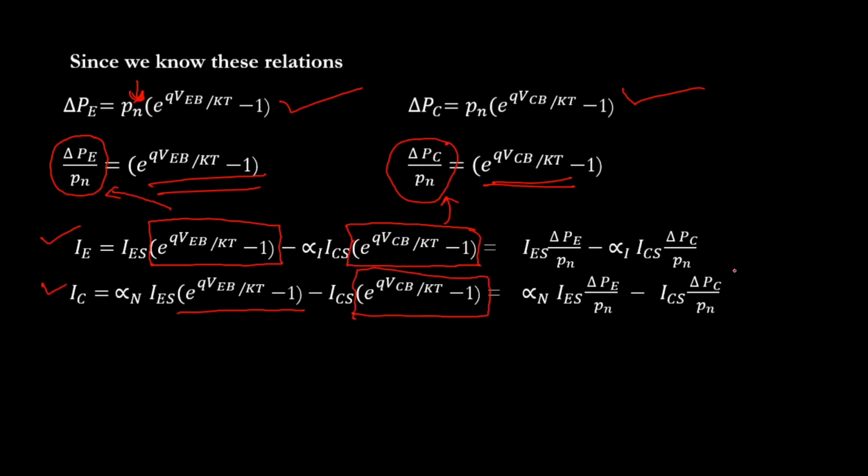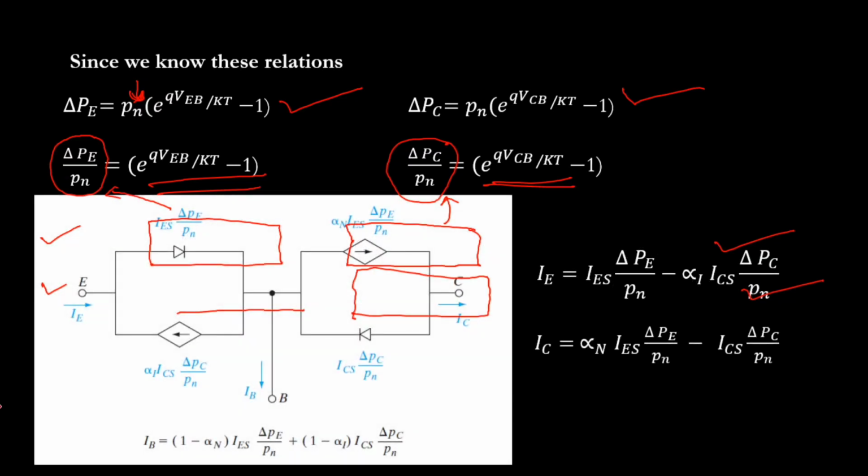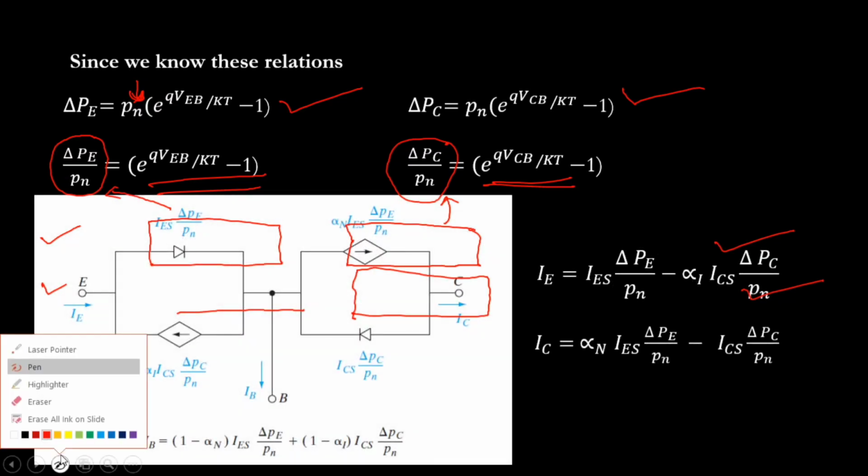So finally my IE is equal to IES into delta PE by Pn minus alpha I ICS into delta PC by Pn, and my collector current is equal to alpha N IES into delta PE by Pn minus ICS into delta PC by Pn. Using these two expressions I am going to draw the Ebers-Moll model.